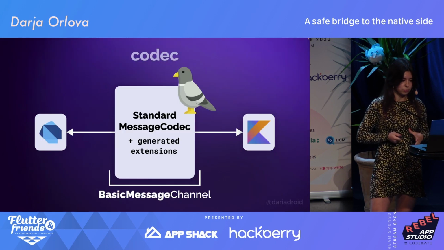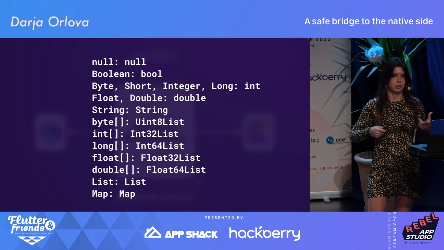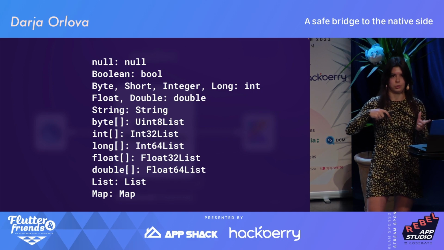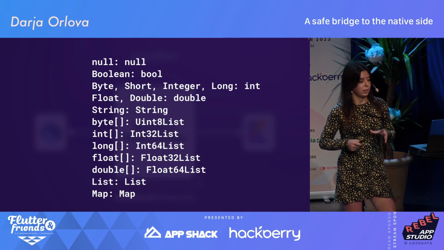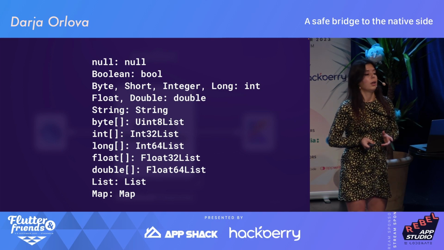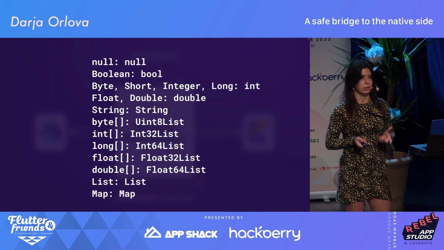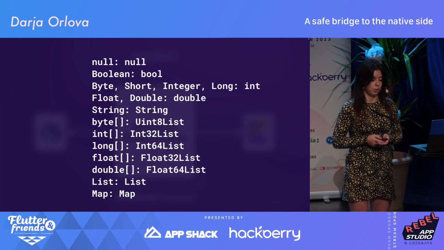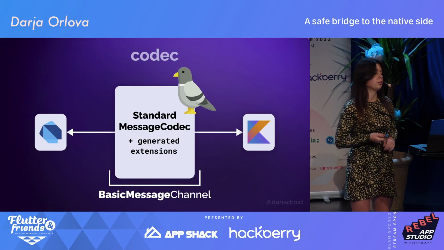But if you want to go further and use custom classes in case of method channels, what we would need to do is either do some JSON manipulation, so translate it to JSON, for example, or to any other encoding format, and then we need to transfer it into bytes, which also makes it a bit slower, or we can write a custom codec, but we would need to also do it manually and write the encoding logic for all of our custom classes, which Pigeon does.